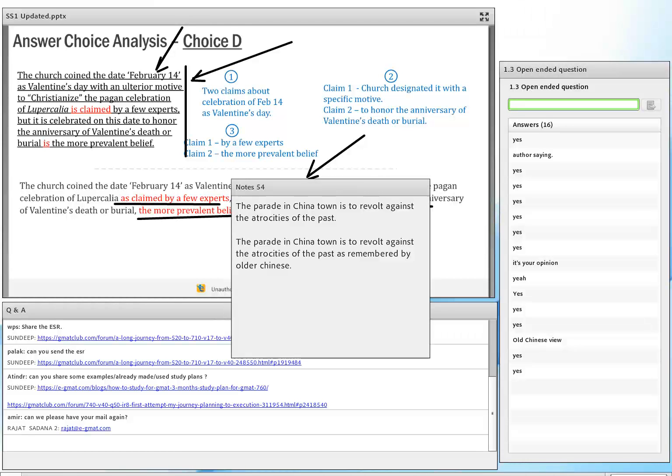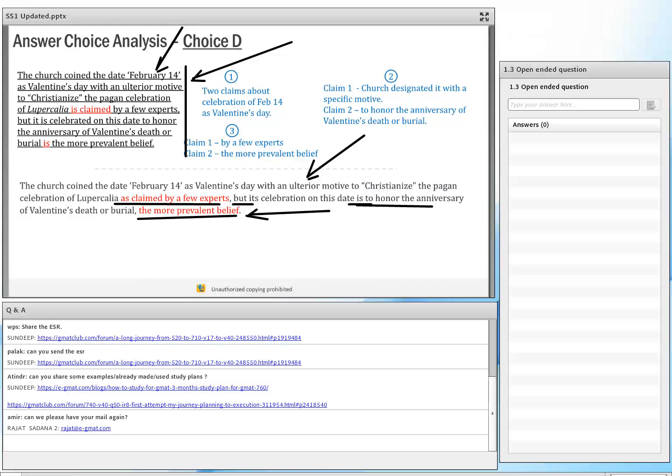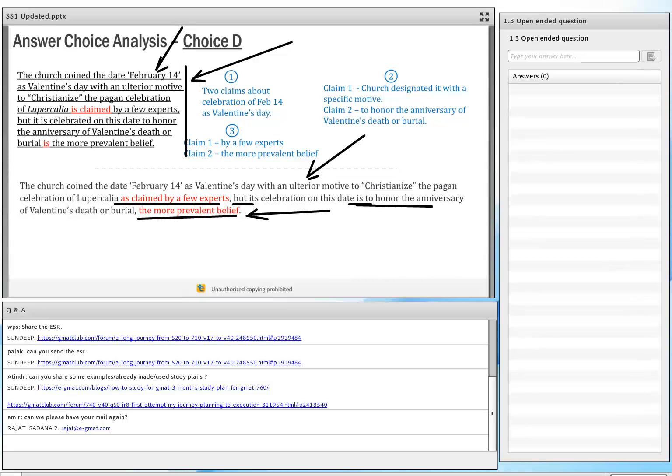Okay, and that's a very important distinction. Because "as remembered" is the revolt part, but the parade is still this. And again, that's kind of where, if you mix CR, RC, and SC, you look at what statements mean. When you look at sentence structure, you're going to be able to do this.